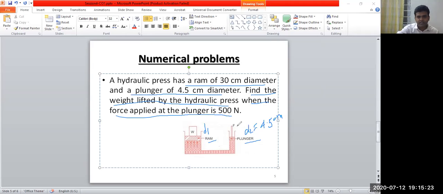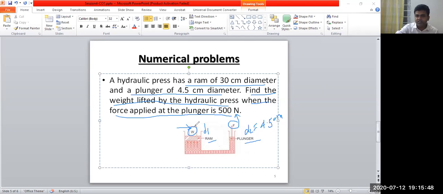So this is the plunger and the force applied is F, equal to 500 Newton. When the 500 Newton force is applied on this plunger, what weight will this press lift? We assume this weight is W.